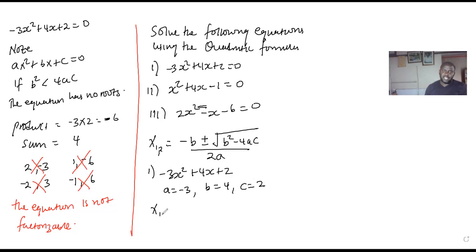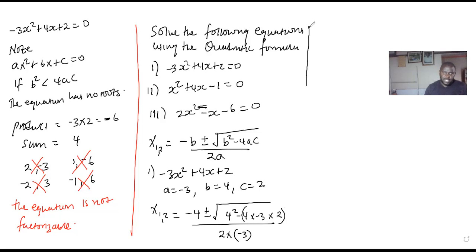So the values of x1 and x2 shall become negative 4 plus or minus square root of 4 squared minus 4 times negative 3 times 2, all divided by 2 times negative 3. We shall realize the following.